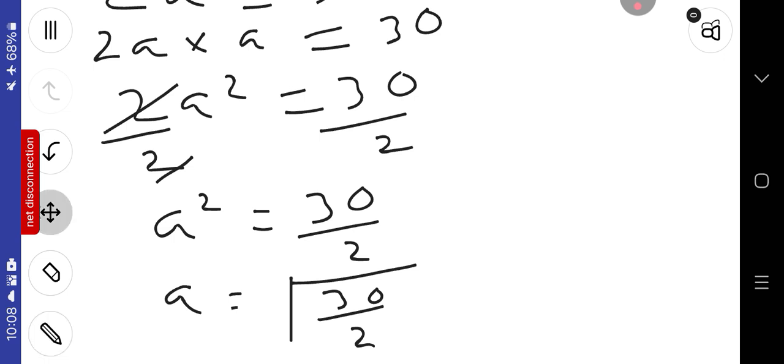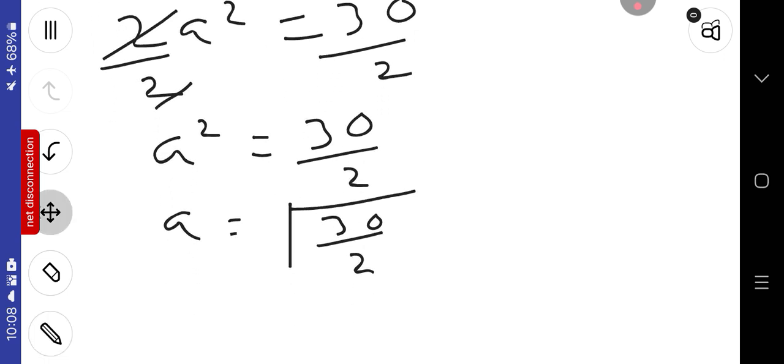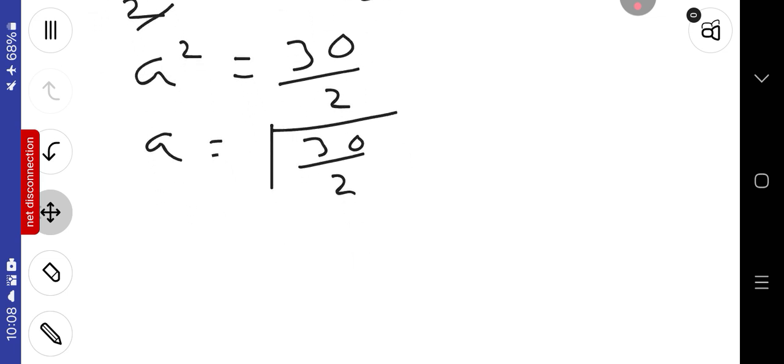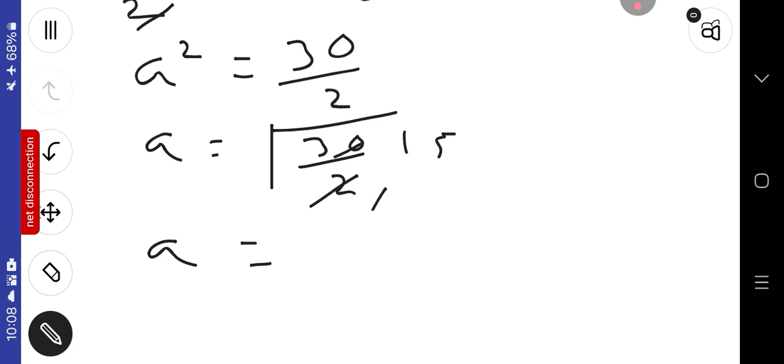This would be the value for A. Now that we know A to be root of 30 over 2, let's solve this further. So this will give us A is equal to, 2 cancels as 1 goes here 15. So it means A will be root of 15.